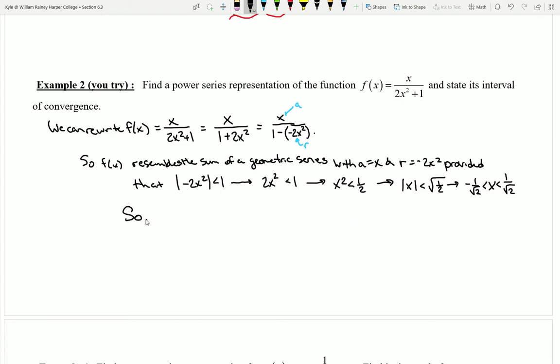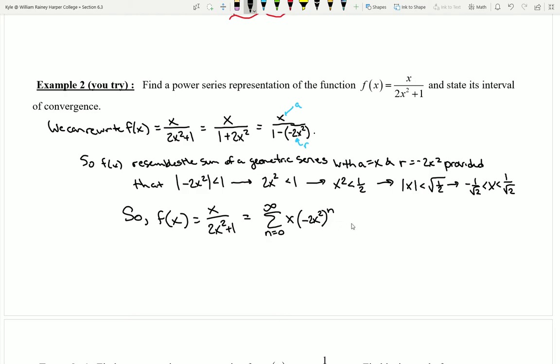And now I can reach my final conclusion. My f of x function, which looked like this, is actually going to be equivalent to a geometric series. The a value is x, the r was this negative 2x squared, and I just have to raise it to the power of n.